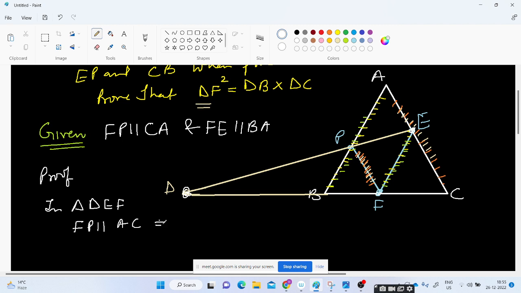So it means FP is parallel to part of AC, that is PC. Yes or no? So these two red lines are going to be parallel. So by BPT, because lines are parallel. So which two sides are coming equal?